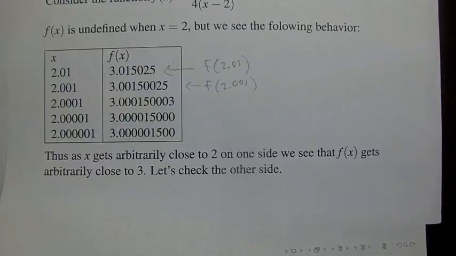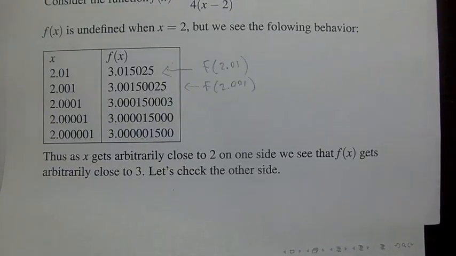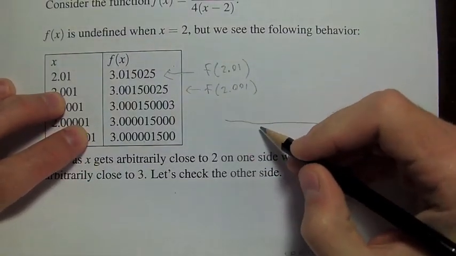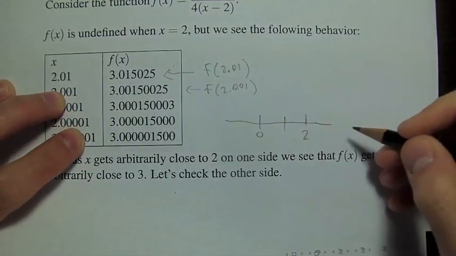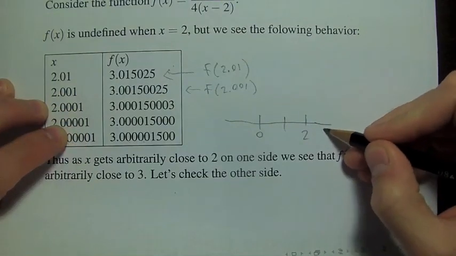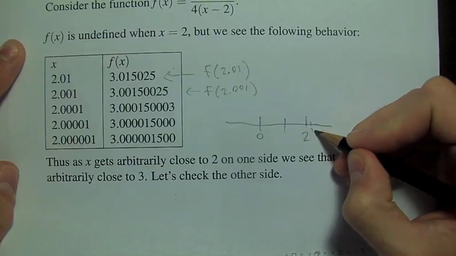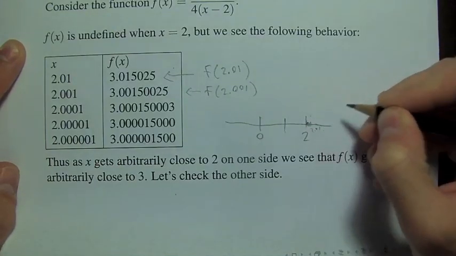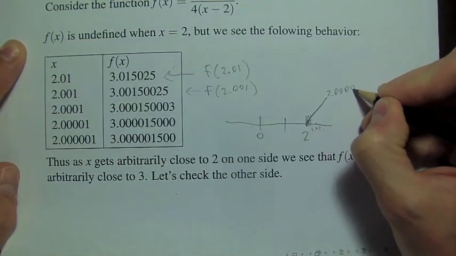Now, a limit isn't good enough to just check one side. We've actually got to check both sides. If you think of your number line, and here's 0, 1, 2, we were looking at this function on the right of 2, because we started with something really close, 2.01, and kept getting closer and closer, maybe right here is 2.0000.